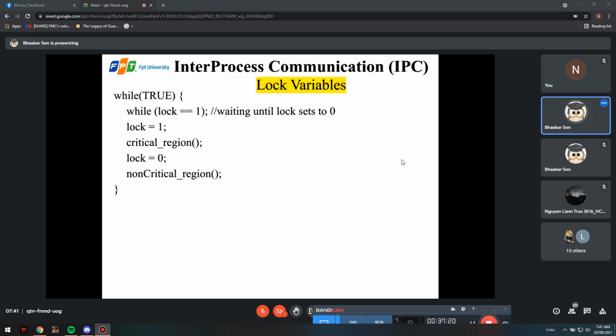The moment it goes there to acquire that resource, it will check the lock. Any resource will be associated with either of these two lock values. At any point of time, it has its lock on or lock off.